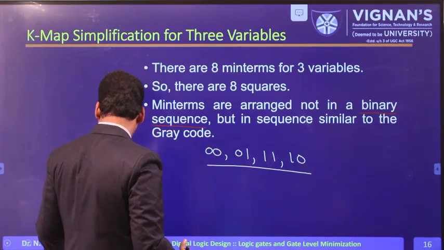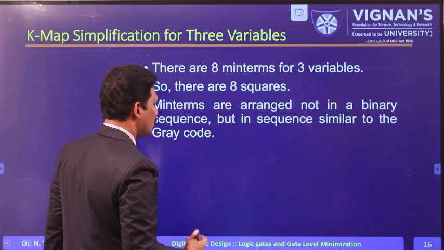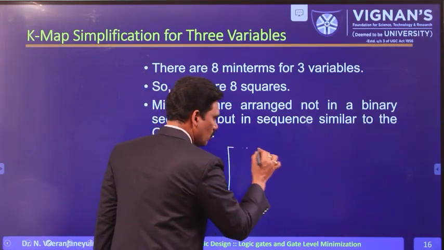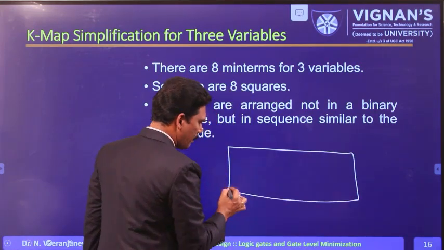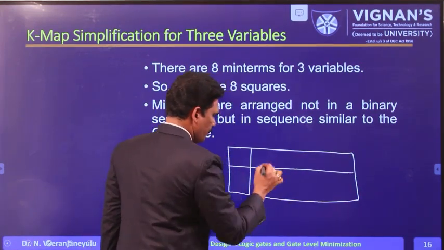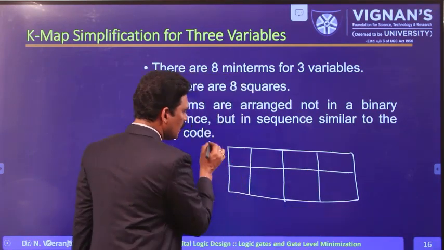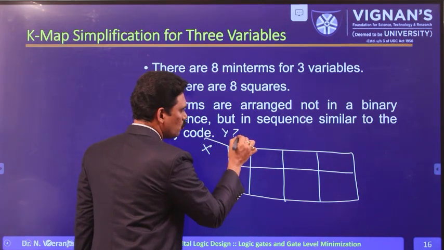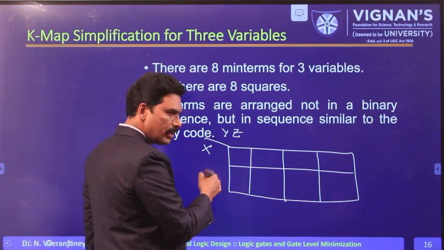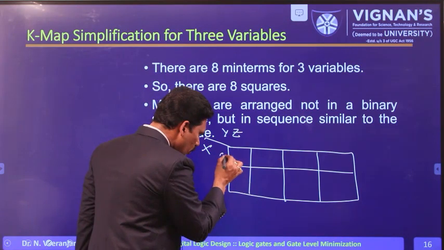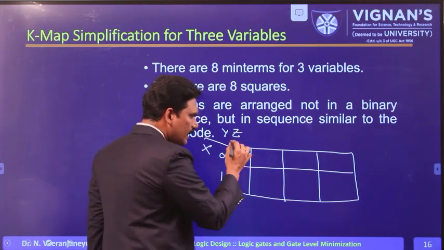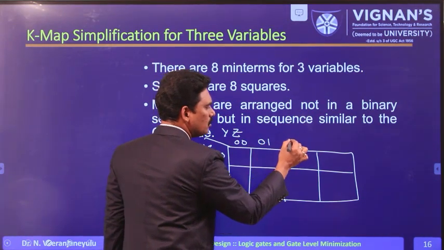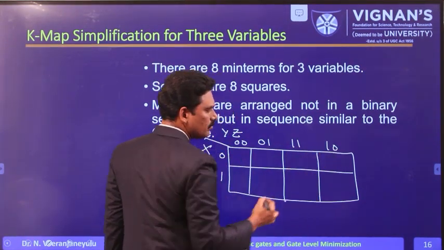So we are considering this 3 variable K-map like this. 3 variables means here one variable x and another two variables yz. X, yz. And this is 0 as usual, 0, 1. And here we are going to use this gray code: 0, 0, 0, 1, 1, 1 and 1, 0.